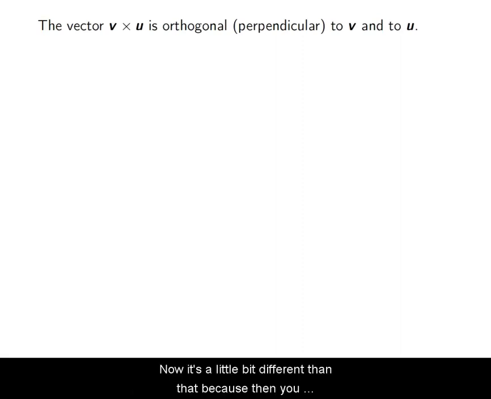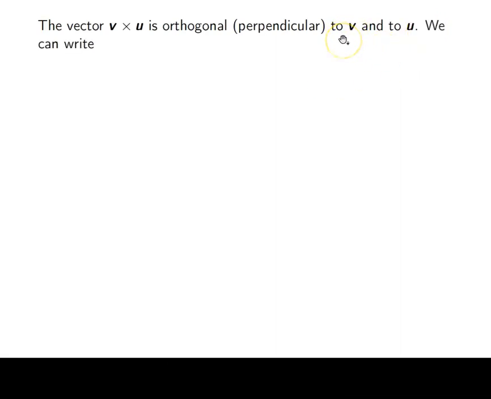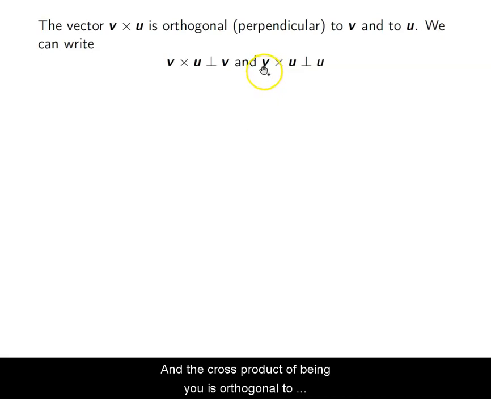Okay, now it's a little bit different than that because v and u are in R3, so they have 3 elements each. So finding their cross product is going to give you another vector, but it's going to be orthogonal to both u and v itself. Okay, so the cross product v cross u is orthogonal to v, and the cross product of v and u is orthogonal to u as well.